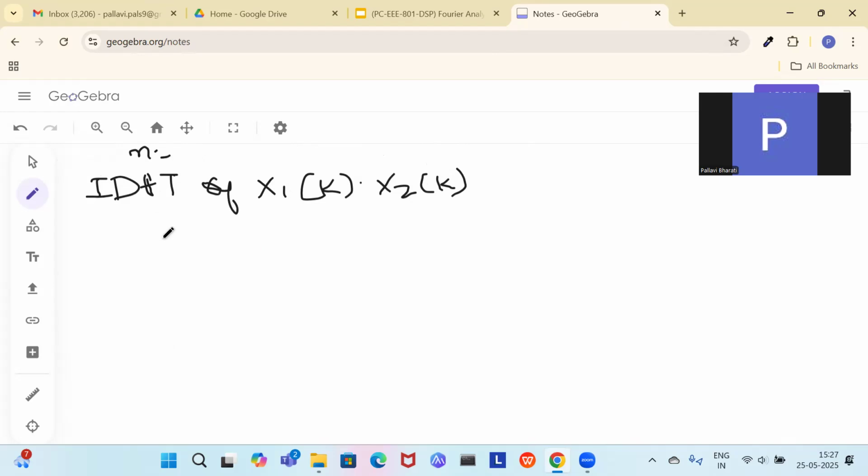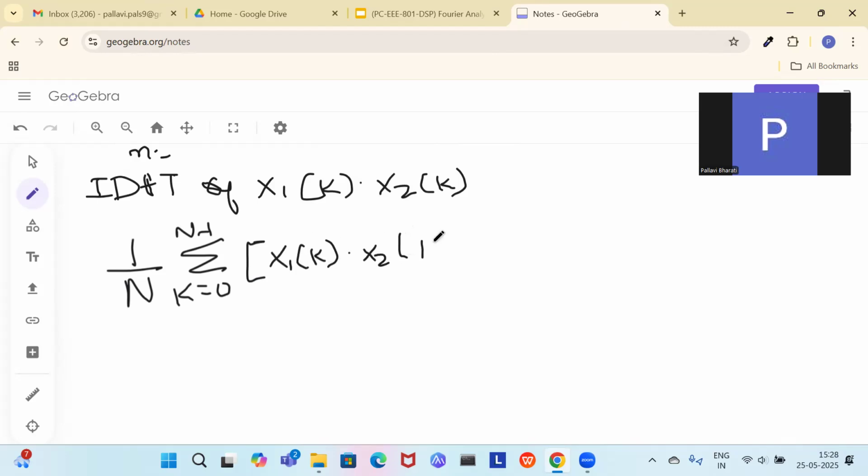We have to take out the inverse DFT, so we will write simply 1 by N, k equals 0 to N minus 1. We will take this full thing as a single signal, so X1(k) into X2(k), e to the power j2 pi kn by N.